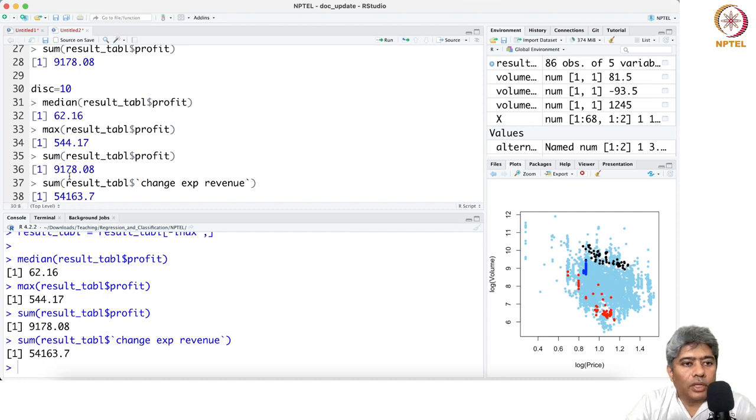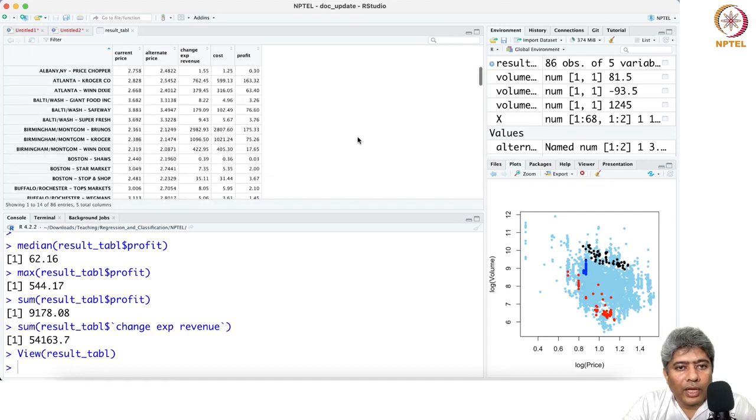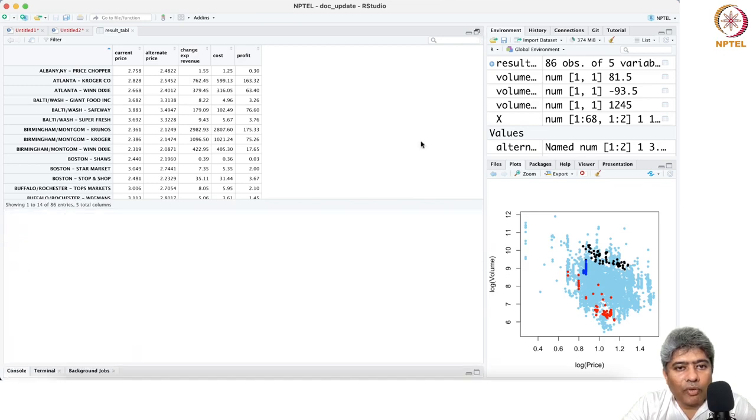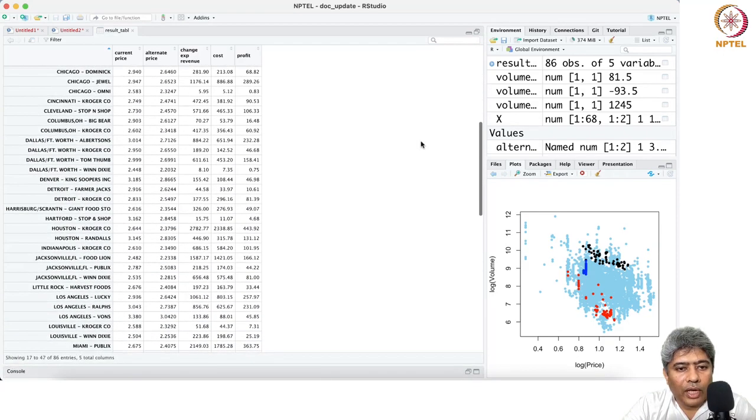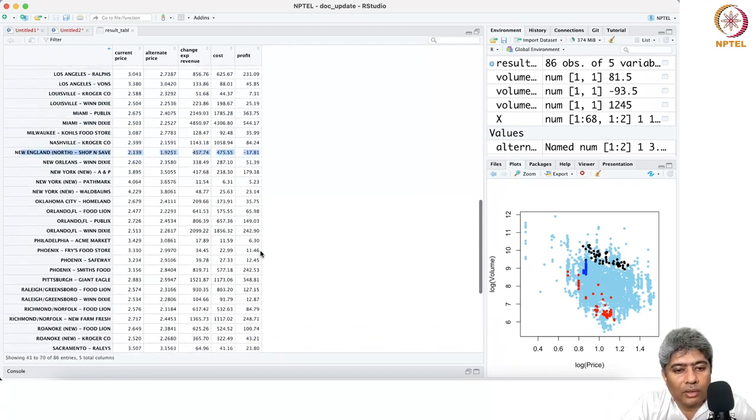Now based on this, people can check where overall profit is going up and where the profit is not going up. Where the profit is not going up, like here in this New England North Shopping, if the profit is negative, then they should not give the discount here.